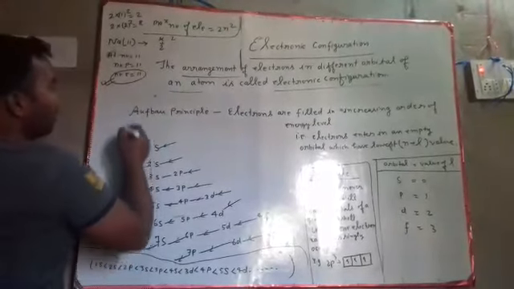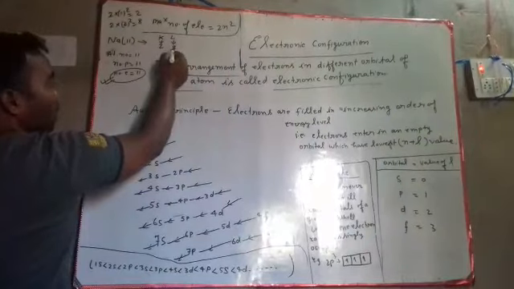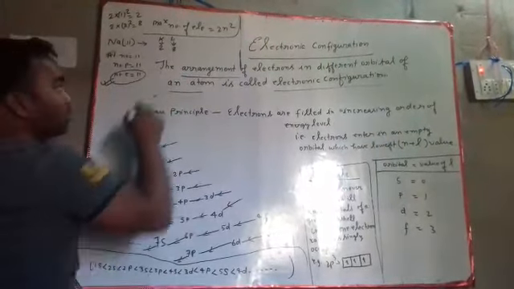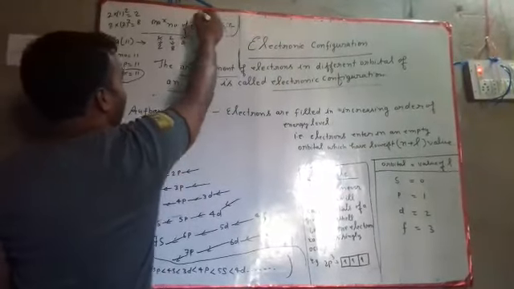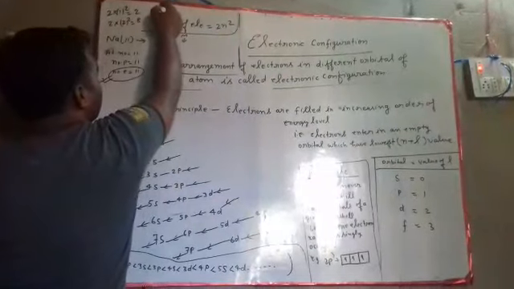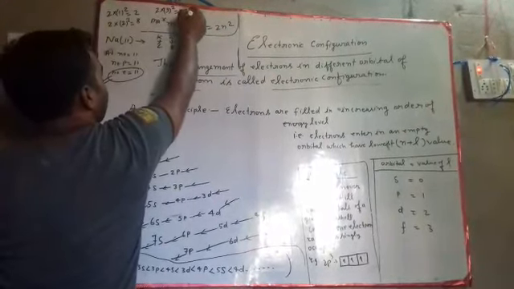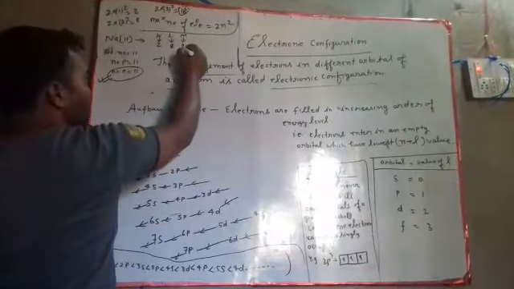Now how many electrons have we arranged? 10. Now 1 we have. So the next orbit will be the M orbit, and in the M orbit we can arrange 3 square into 2, that is 18 electrons. But we have only 1 electron, so we can write 1 electron here.